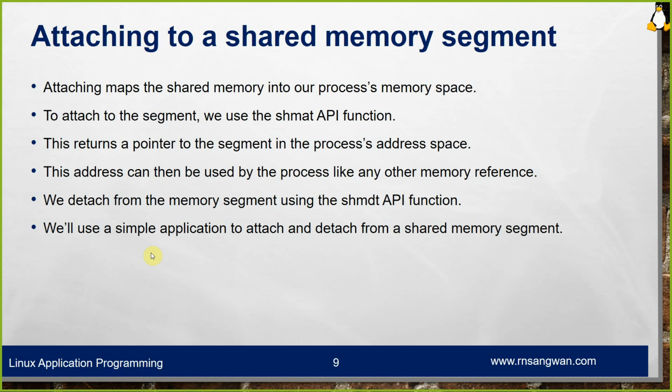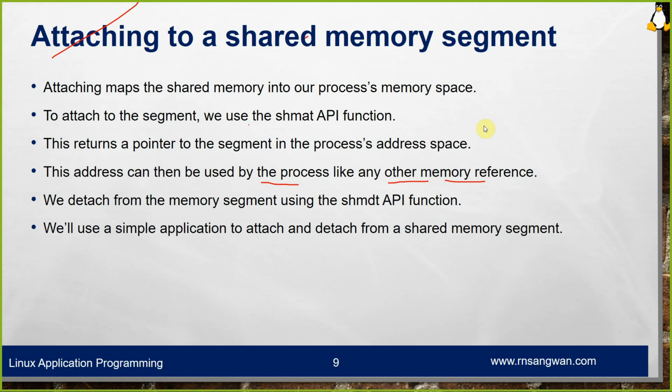This returns a pointer to the segment in the process's address space. This address can be used by the process like any other memory reference. We detach from the memory segment using shmdt, that is the shared memory detach API function.